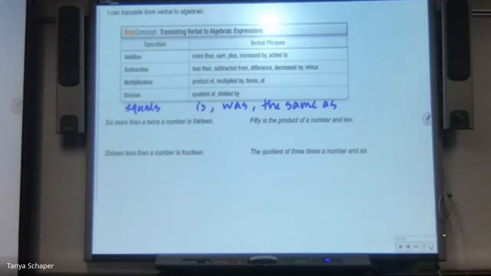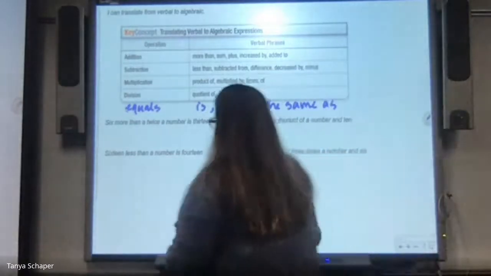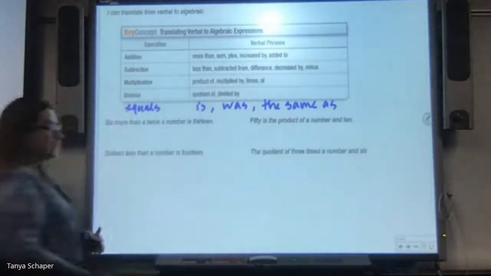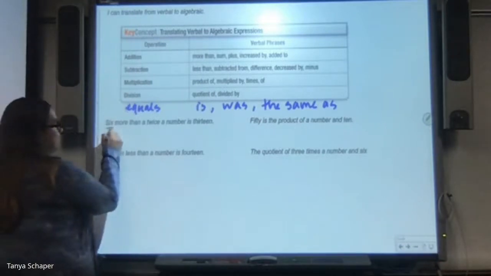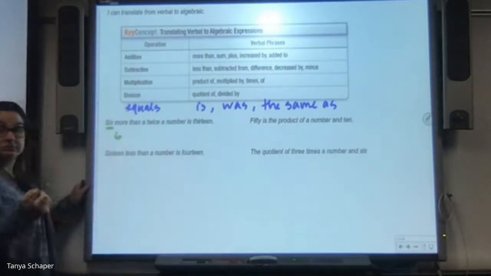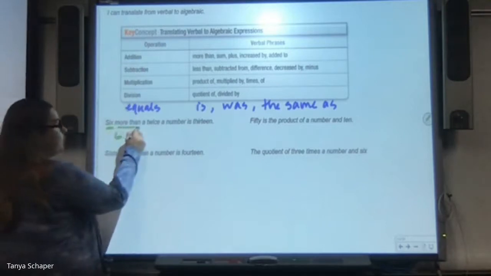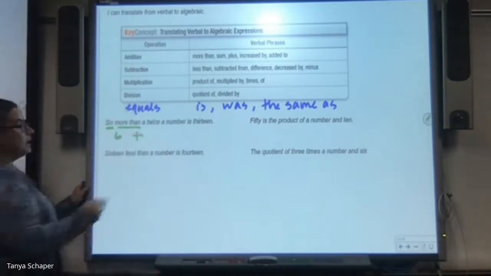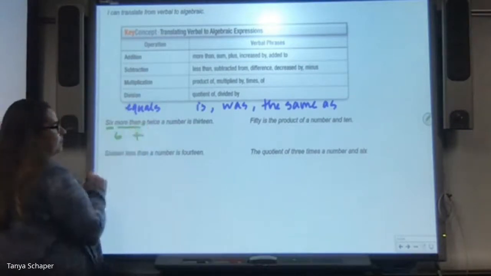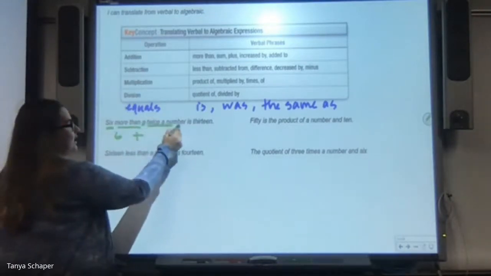So what we're going to do is go from words to algebraic. And when we do this, we're going to break it down really step by step across the way. So 6 more than is addition. I had a typo there. Twice a number.